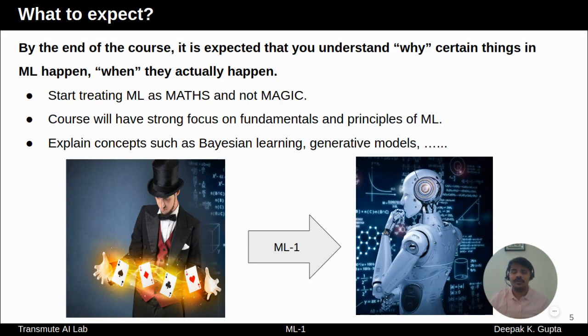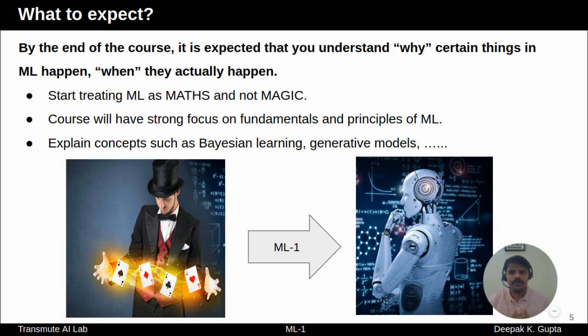Now, what to expect from the course? By the end of this course, it is expected that you understand why certain things in ML happen when they actually happen. I'm pretty sure that most of you now have some experience with implementing some machine learning methods. You can find nice code online, just clone from GitHub, run it, and then you see the magic of machine learning.